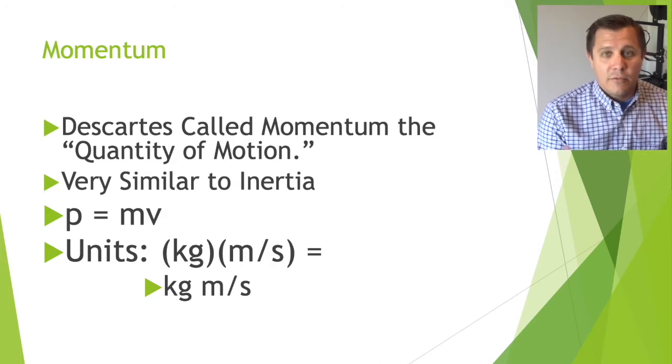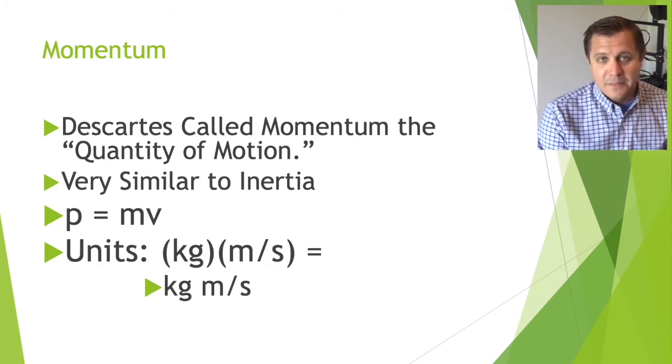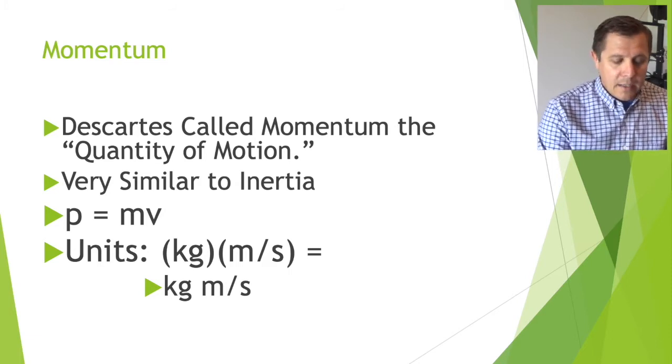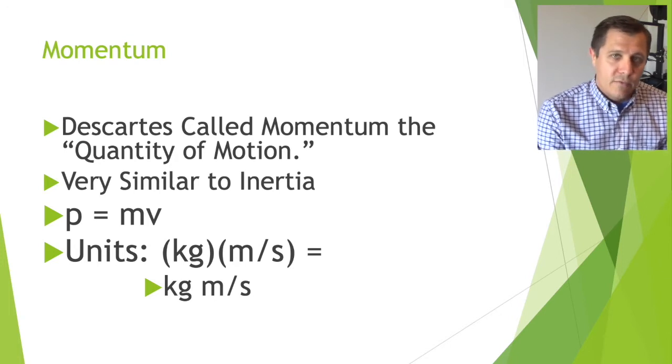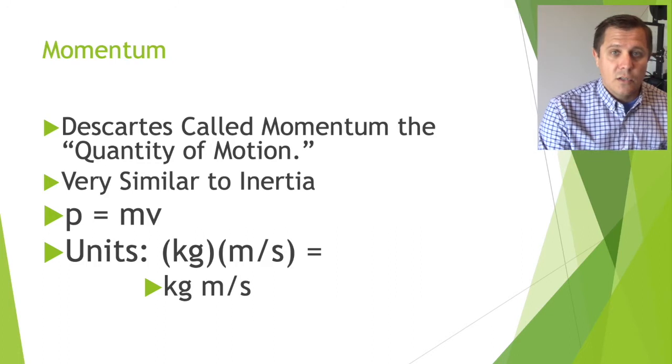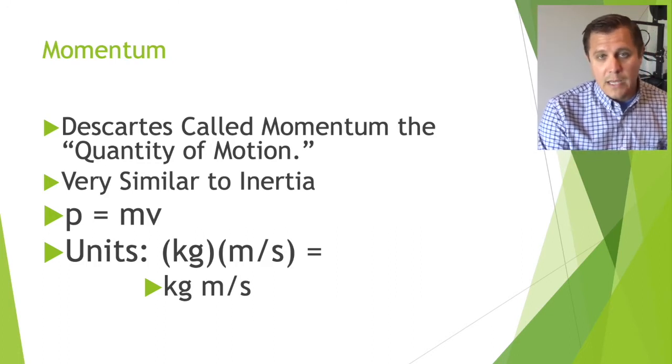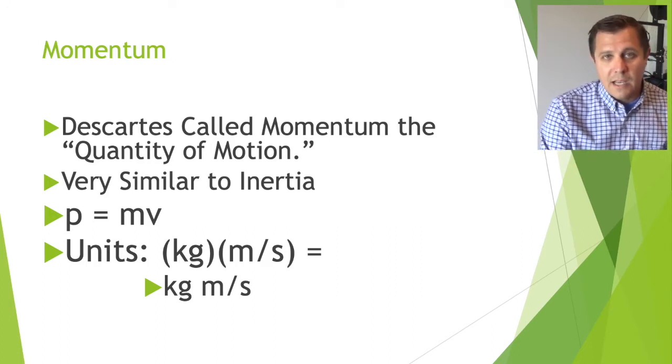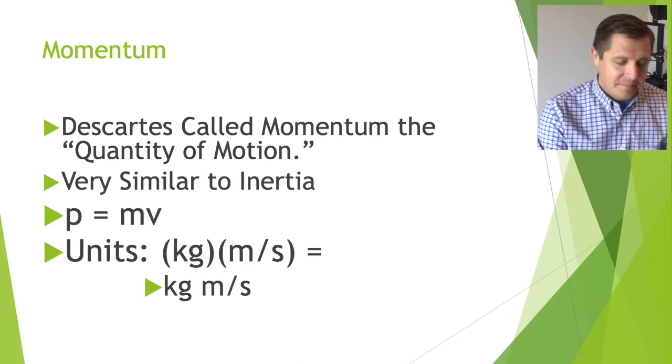Rene Descartes, for his hard work with momentum, got the units kilogram meters per second for momentum. The units for mass are kilograms, and the units for velocity are meters per second. So we'll just say kilogram meters per second are the units for momentum.